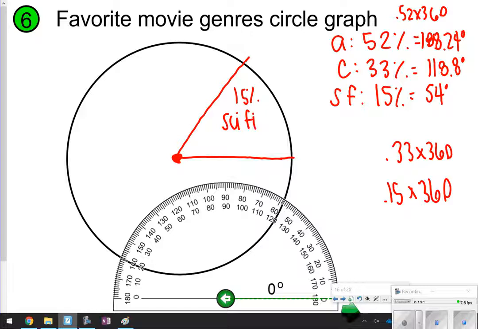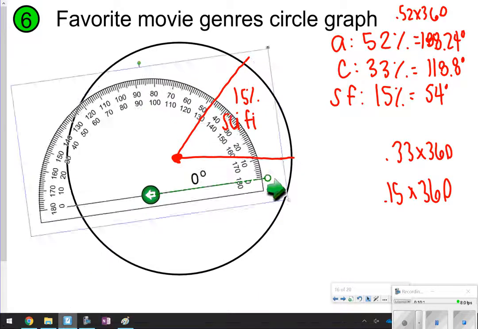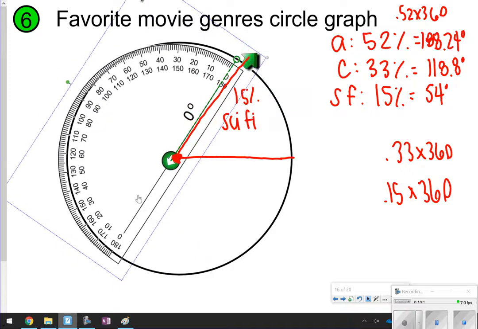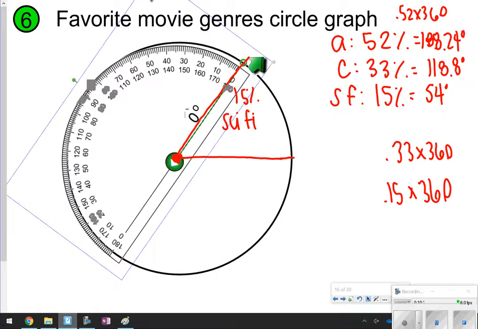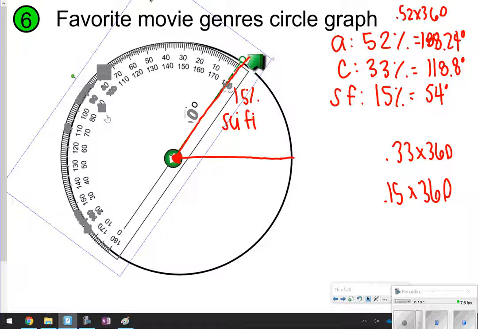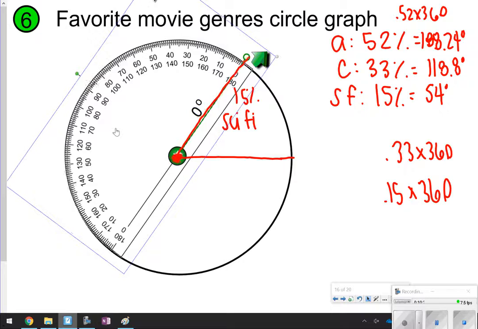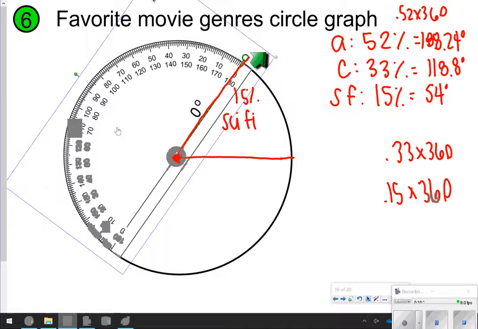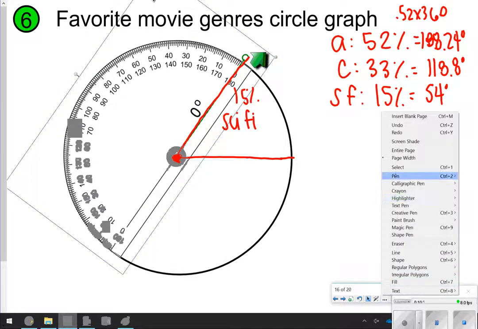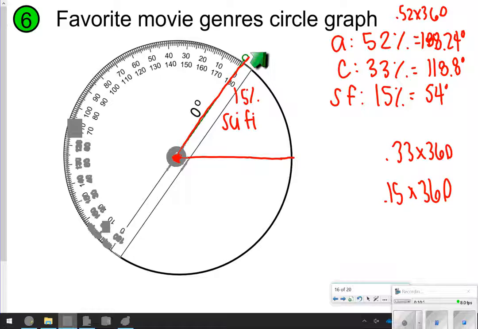Next one, we're just going to rotate your paper to match the angle you just drew. And we'll have your comedy, which is 118.8 degrees. So 118.8 will be just before 120.